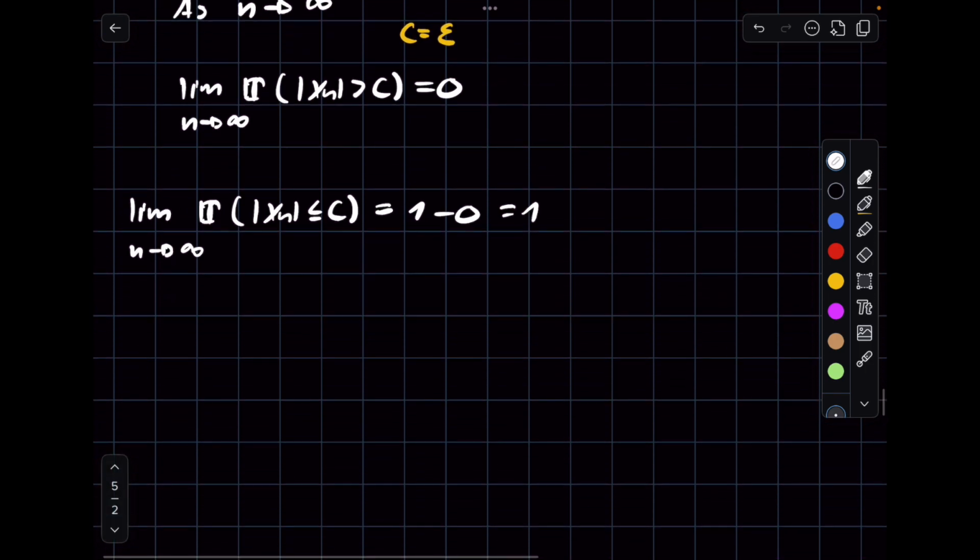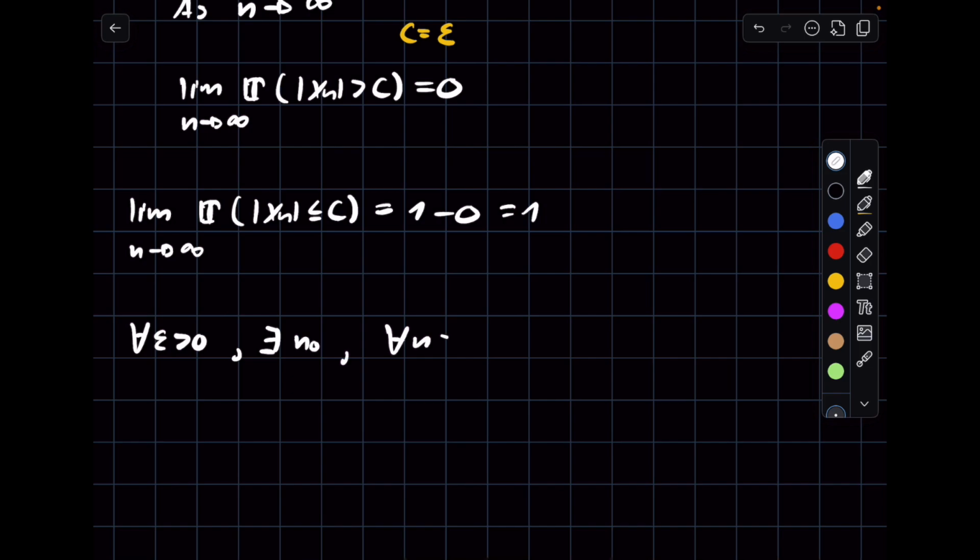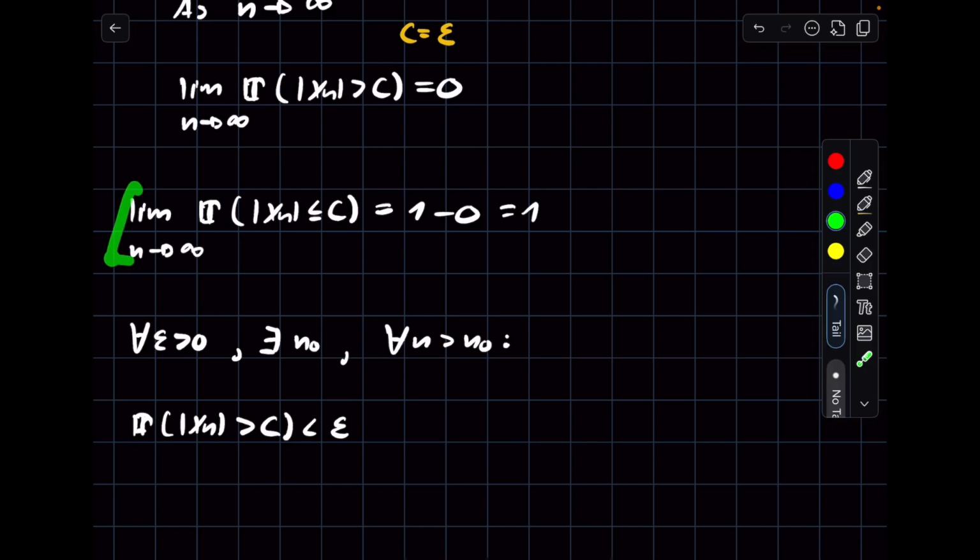Now that we have that, we know that for any limit, for all epsilons greater than 0, there exists an n0 such that for all n greater or equal to n0, the probability of x of n will be lower than epsilon. We have proof first that this is a limit, right?